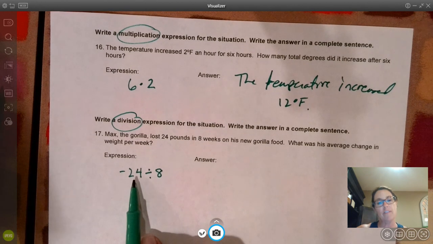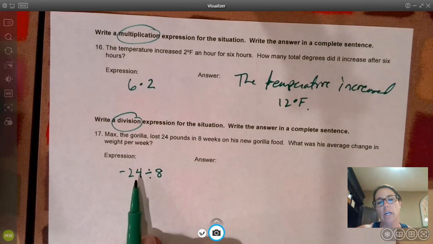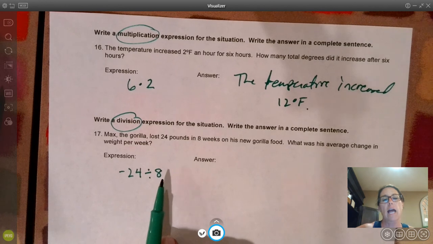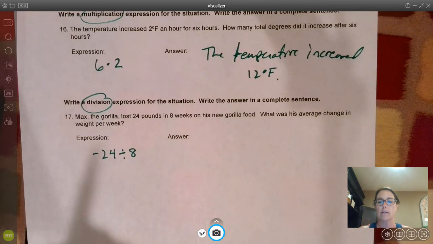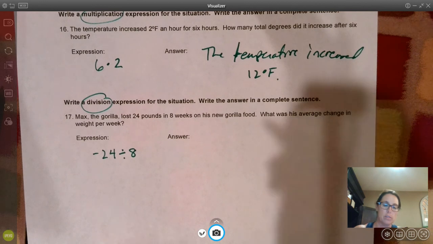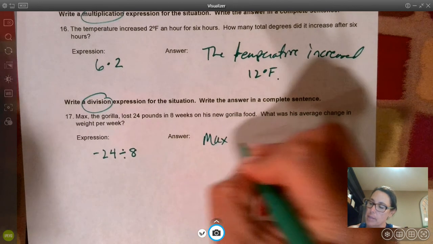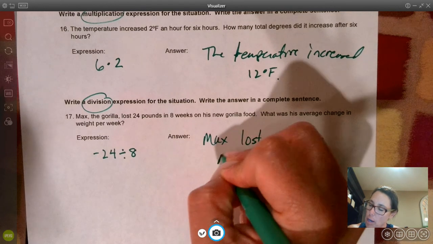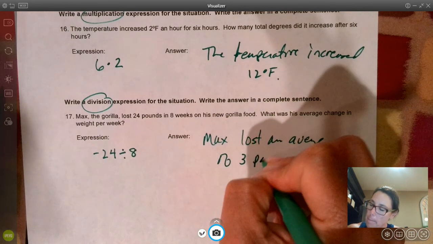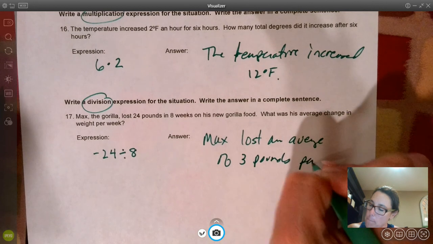Do you have to have the negative here? No. You can have 24 divided by 8 and then say he loses is the key word, an average of 3 pounds each week. Max lost an average of 3 pounds per week.